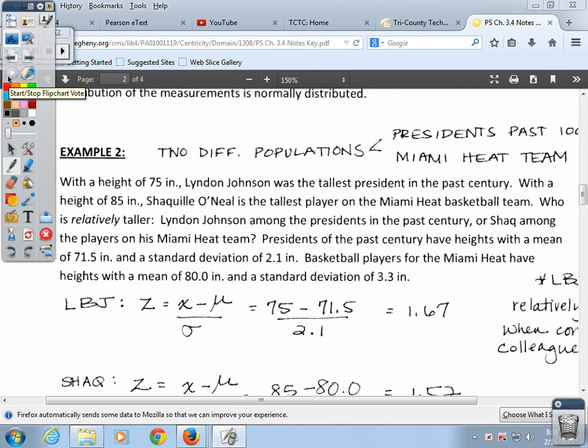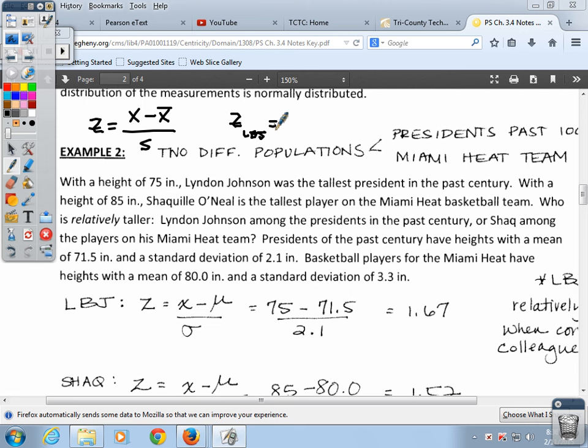X minus X bar over standard deviation. So Z is equal to X minus X bar over standard deviation. So we've got to find the z-score for Shaq and the z-score for LBJ.